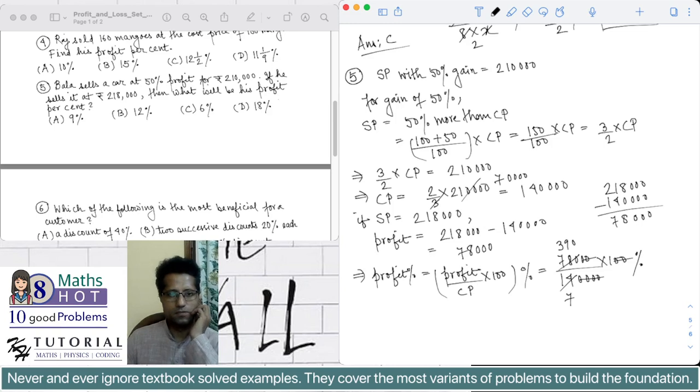Then what will be his profit percent? 390 by 7 is how much? 55.55.